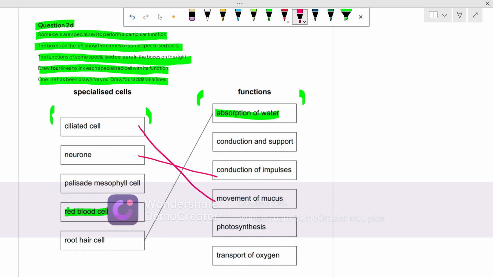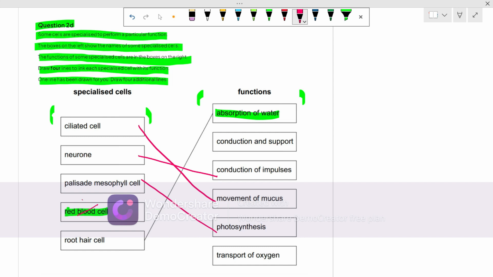Third is palisade mesophyll cell. The function of palisade mesophyll cell is photosynthesis because it contains a high quantity of chloroplasts. And the last is root hair cell, absorption of water.